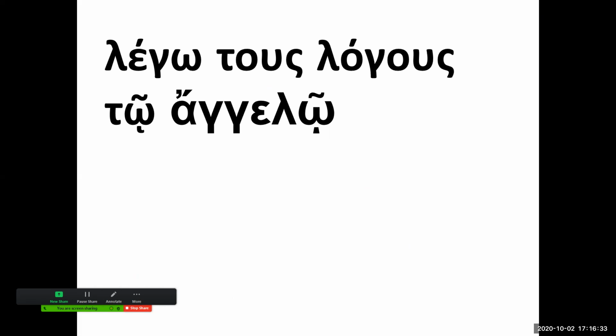I'm speaking the words to the angel. Why tō? Because tō is the article, and it's in the dative case. It goes with angelō, also in the dative case. I am speaking the words to the angel.